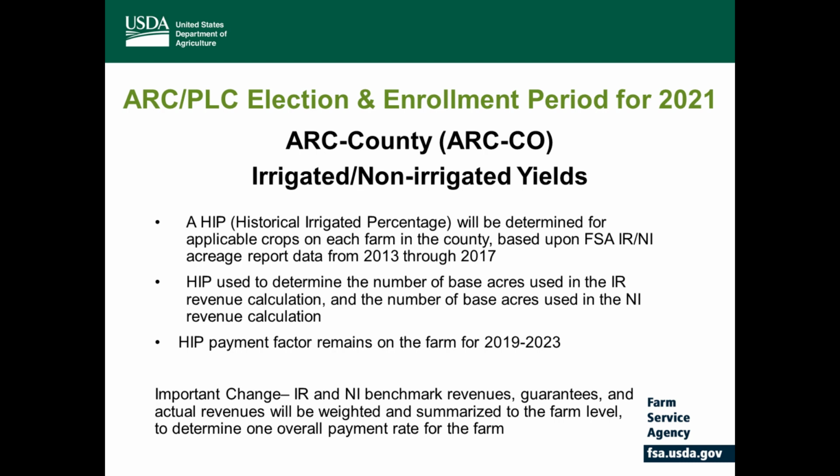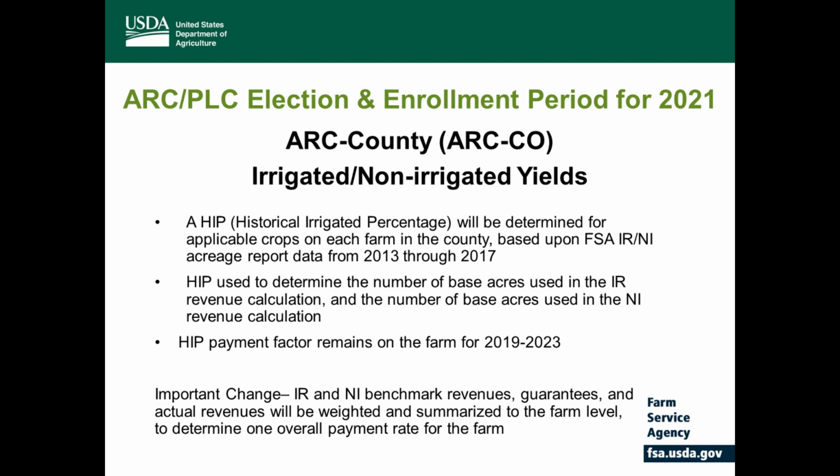So if you have irrigated history and you are in a county that is HIP eligible, you could have a calculation for ARC County crops using an irrigated percentage and a non-irrigated percentage.